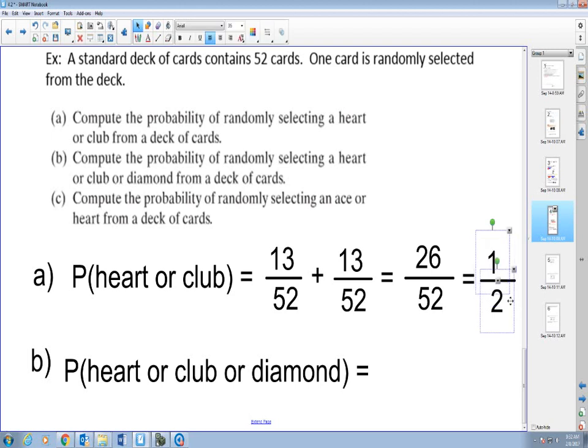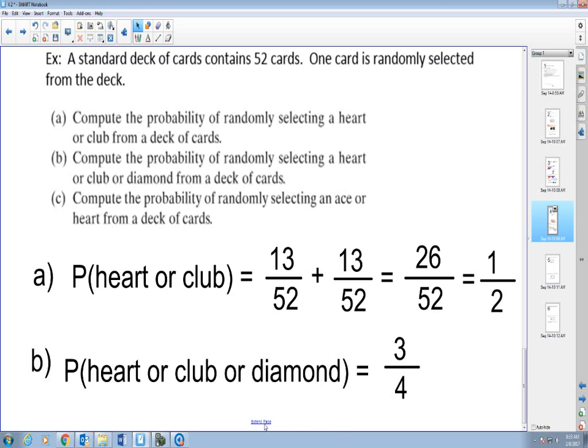So my final answer got to be 3/4, because now these 3 suits already cover 3/4 of the deck. And you can do the same thing as I did up here: 13 out of 52 plus 13 out of 52 plus another 13 out of 52. It will result in 3/4.